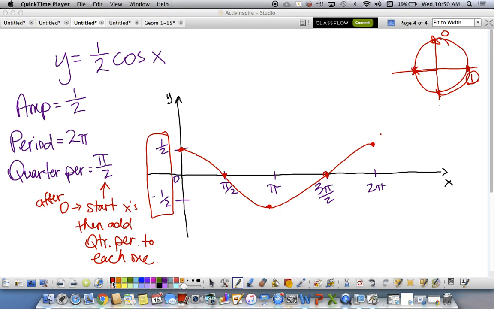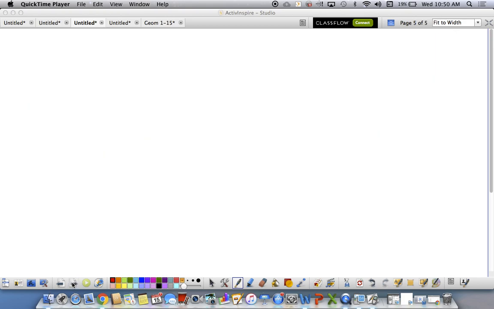Oh, I get it. Okay, so can I now add a b? So I'm going to write out an equation. y equals a sine bx. This is your general generic equation. I'm going to write this out a lot as we add.